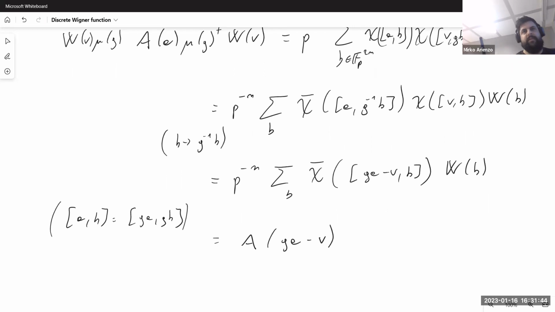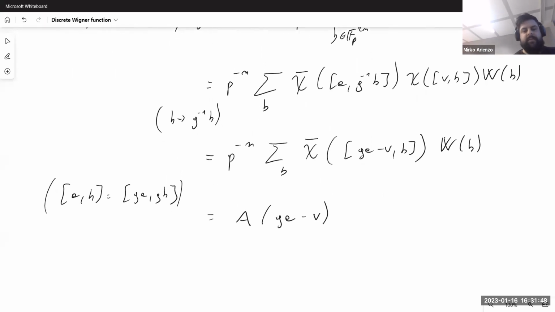So when we act with the Clifford operator on a phase point operator, we obtain another phase point operator but acting on a permuted phase space point, and this is just the Clifford covariance of these operators.